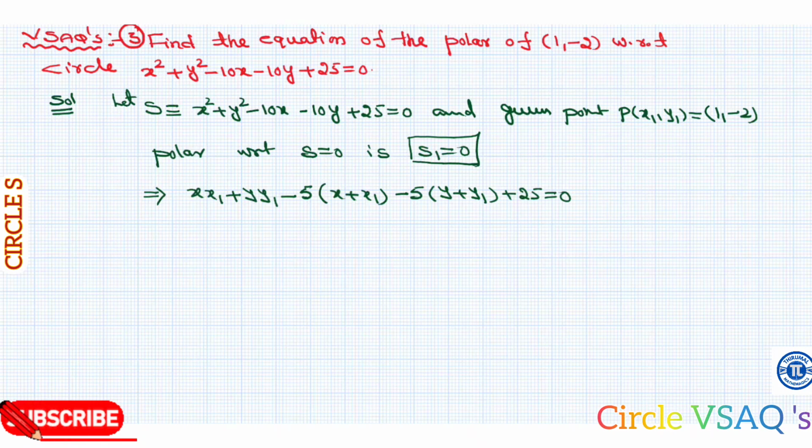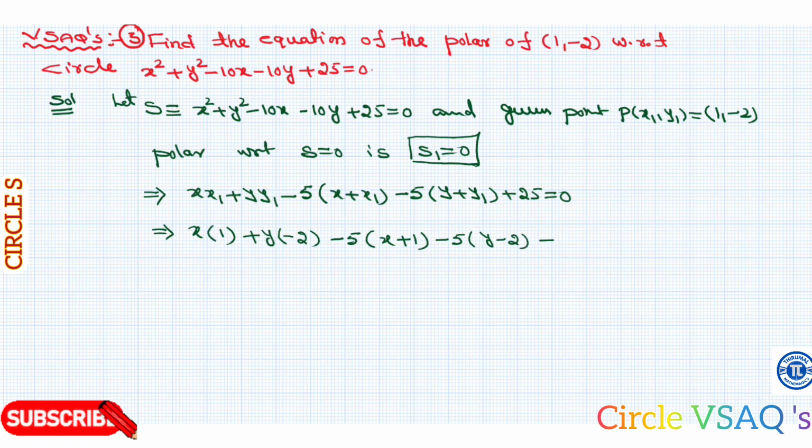Okay, here substitute the x1 and y1 values in the above notation. Then x into x1 value 1 plus y into y1 value minus 2 minus 5 into (x plus 1) minus 5 into (y minus 2) plus 25 equal to 0.